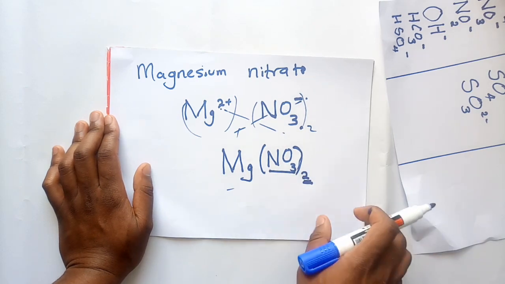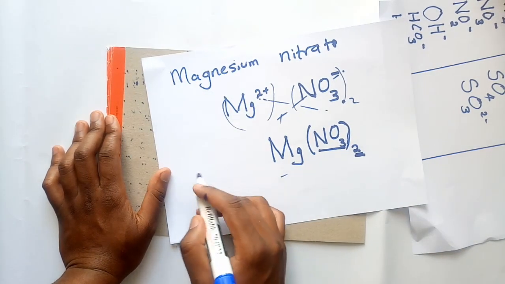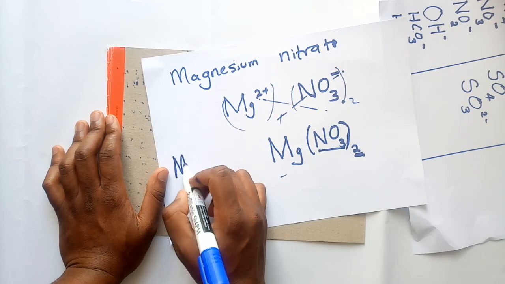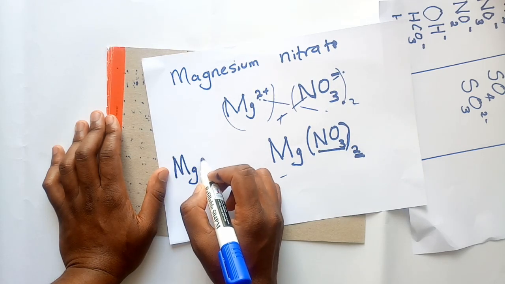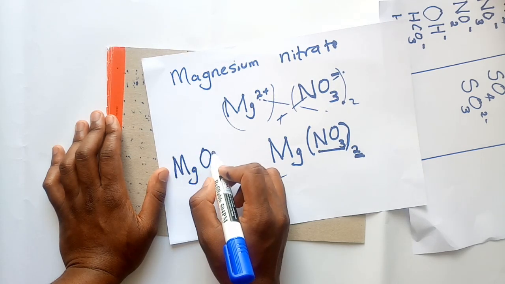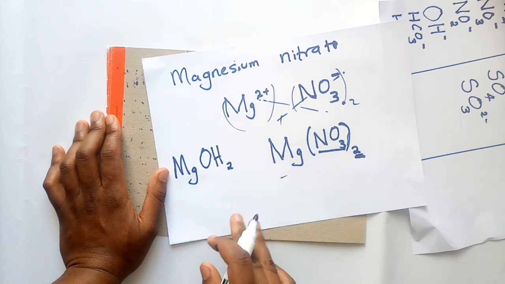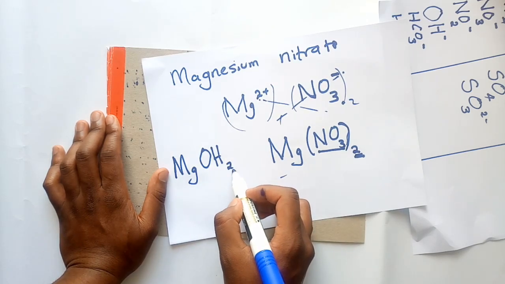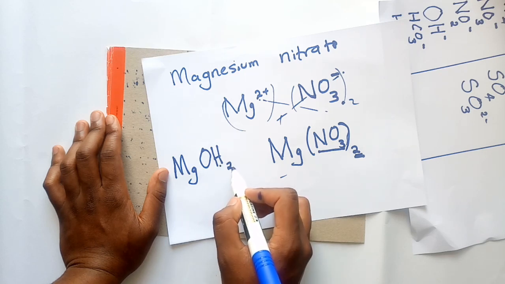Some students will make a mistake. They'll simply write magnesium, for example, if it is hydroxide, write magnesium hydroxide and then write a 2 here. Now, what you're showing us is that we have 2 hydrogen atoms.